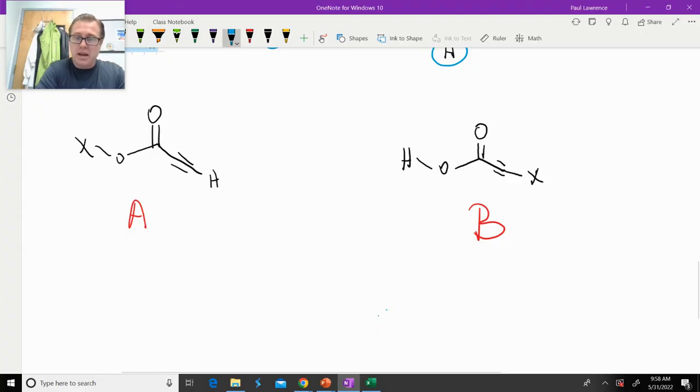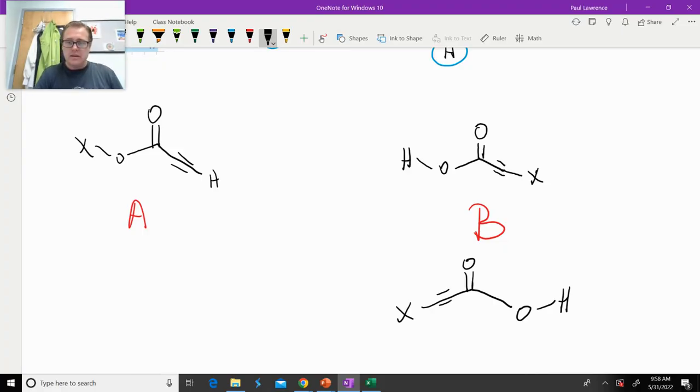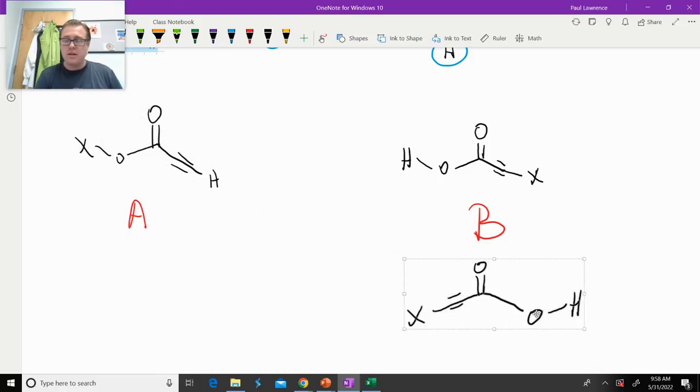We could take B and take this molecule right here and just flip it 180 degrees. What would that look like? And I redraw it like this. Okay. So is that superimposable? If I pick it up? No. It is just not superimposable.